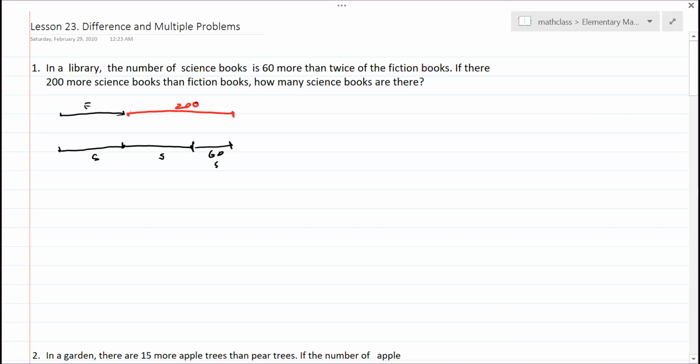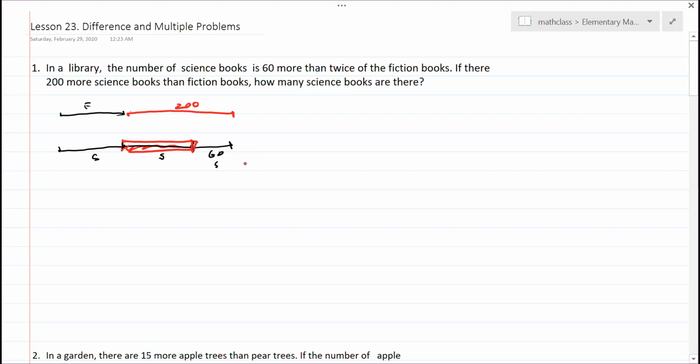From this picture you can tell that this one section means the number of fiction books. The bottom line tells you the number of all science books.